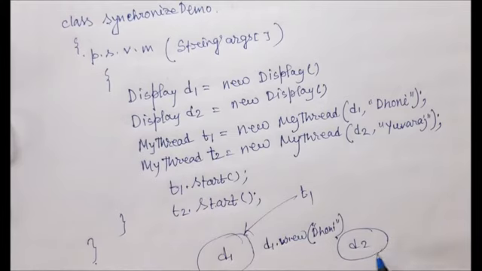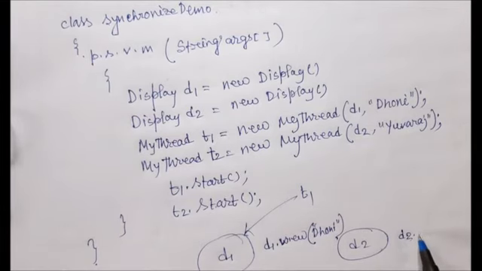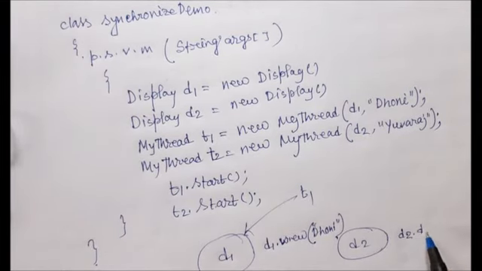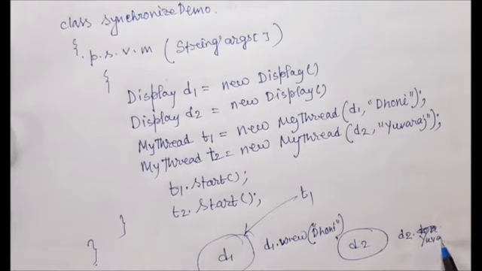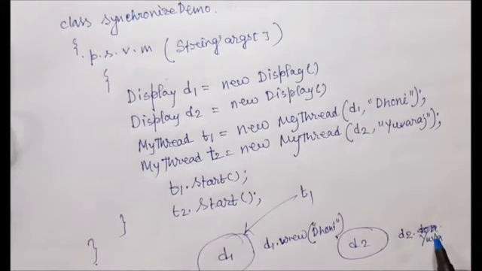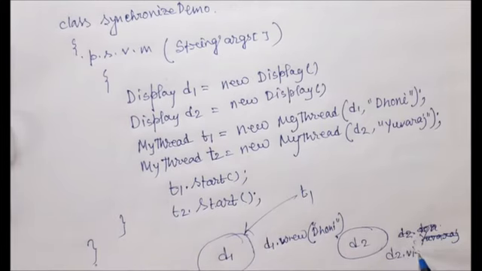Similarly, we have another object, that is d2, and it will call d2.view with the argument Yuvraj.